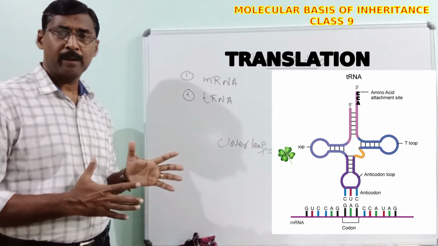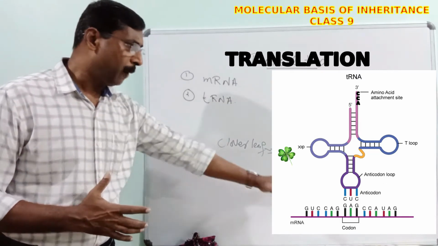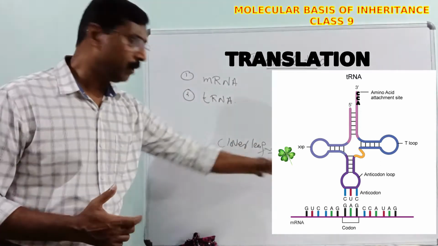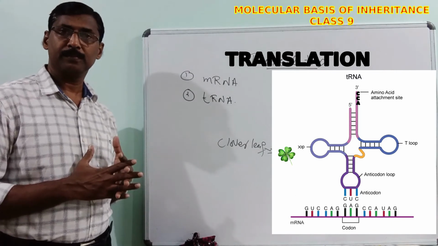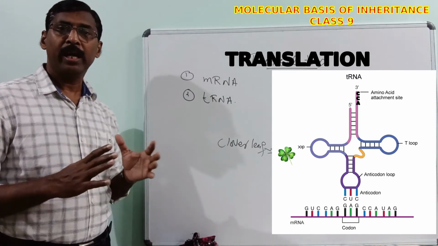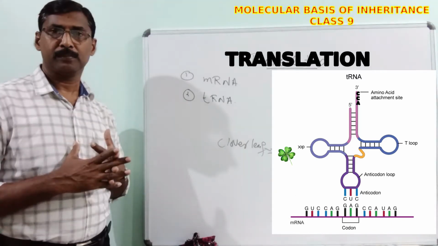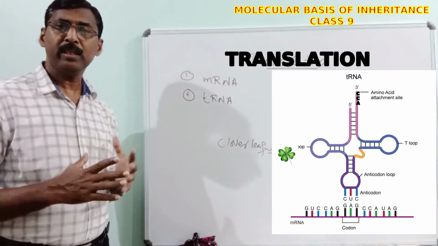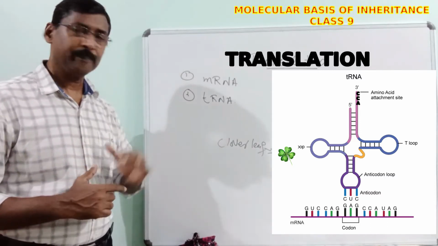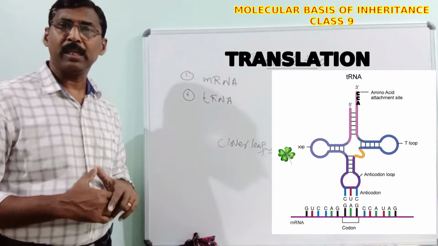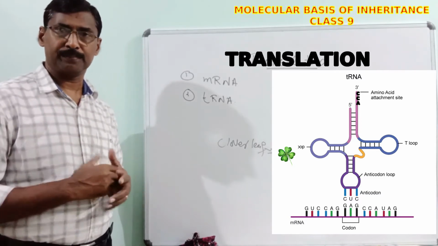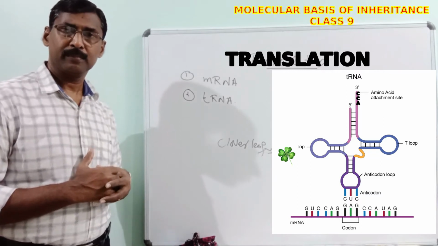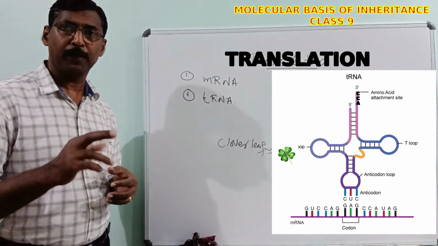Okay. And the opposite arm is called the anticodon arm. And this anticodon arm, you can see here, has a 3 base sequence, similar to the triplet codon.